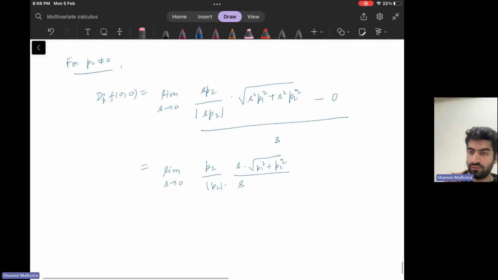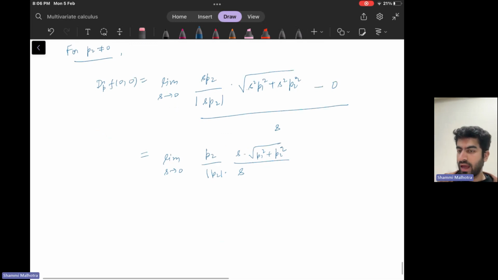If we calculate this, we get p2 by mod p2, and I know that this is a unit vector, so the square root of p1 square plus p2 square is 1 only. So this is p2 divided by mod p2, and hence the limit exists.